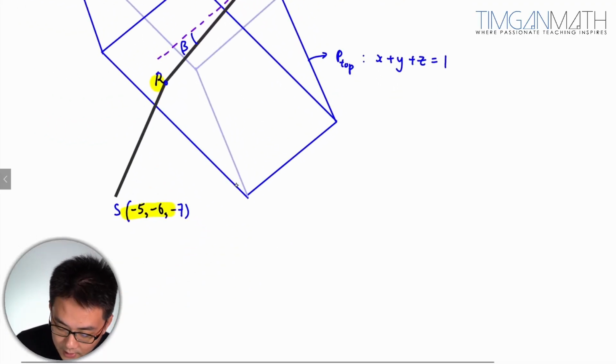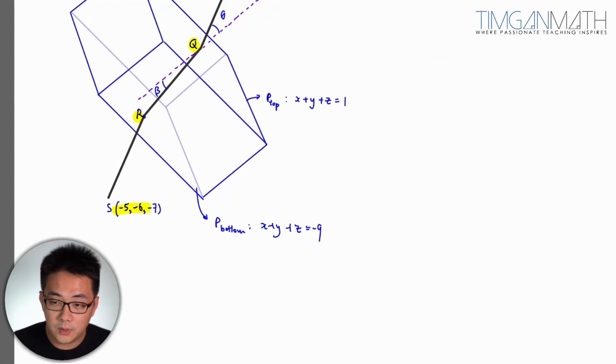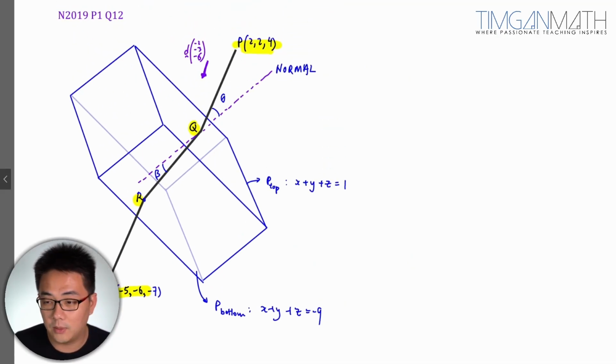And the bottom plane, P bottom, is r dot (1, 1, 1) equals -9. Given that the ray PQ is parallel to the line RS, PQRS lie on the same plane.